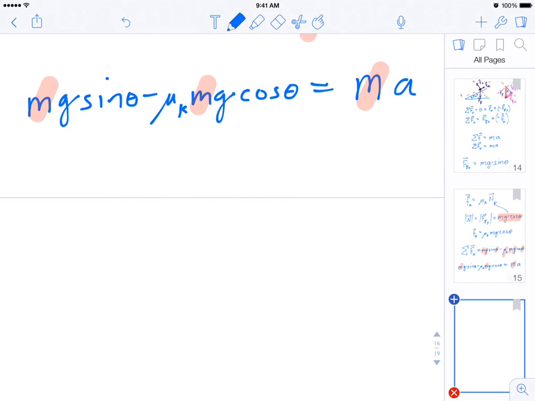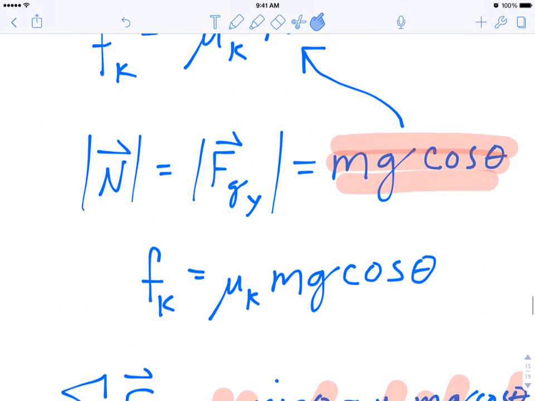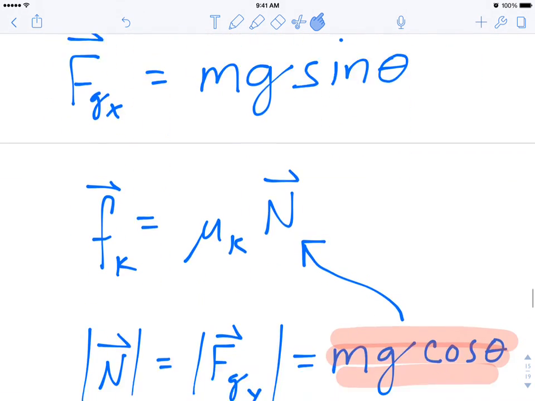So, plugging in some numbers now, we're going to have 10 meters per second squared times the sine of, I need to remember what my angle was here, 30 degrees.